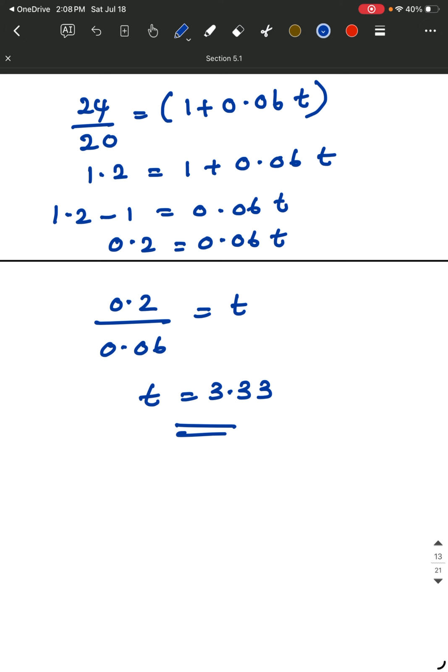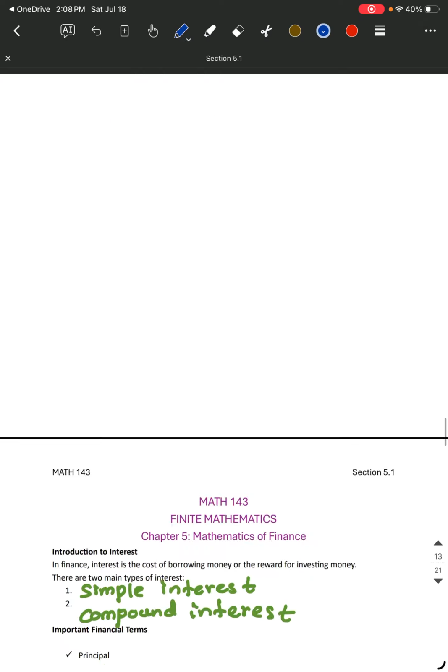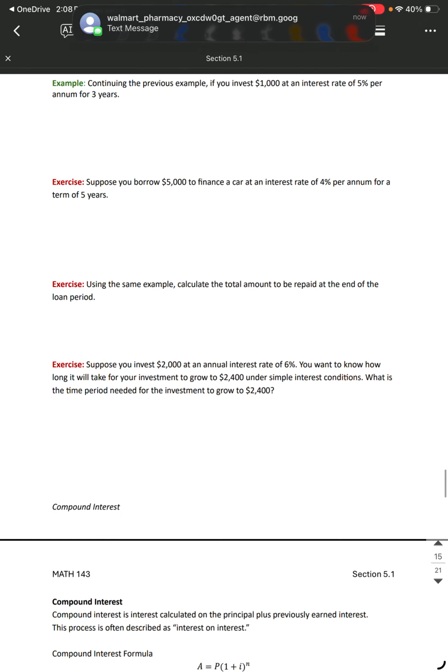Okay, so far interest has always been calculated using only the original principal amount. But that's not how most banks actually work. Banks usually use compound interest. So let's see the compound interest then.